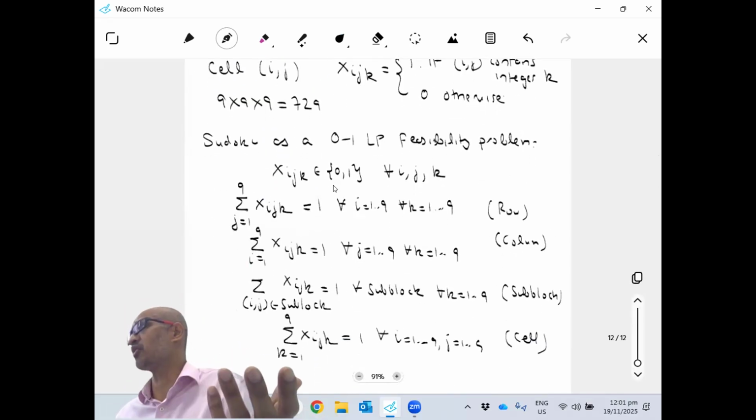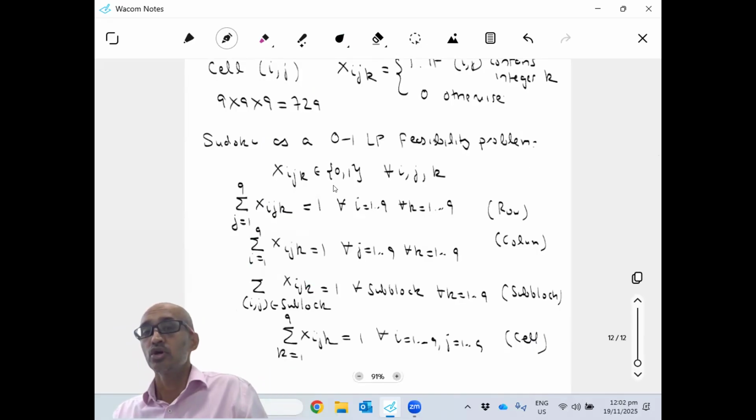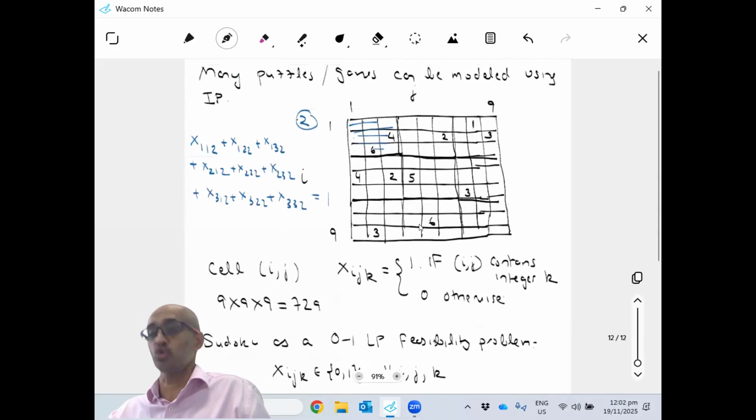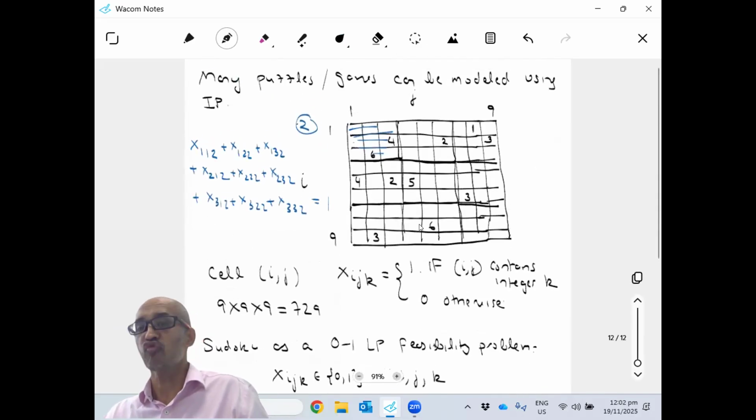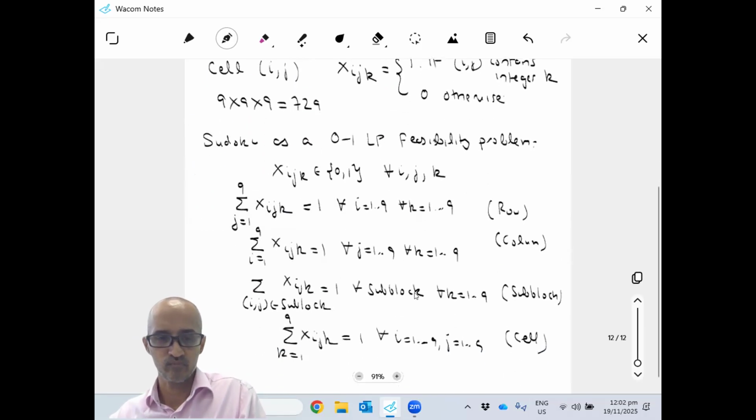And what is the last part of this Sudoku problem? What is the original puzzle given to you? The original puzzle forces some of these numbers fixed. So for example, in this Sudoku puzzle, x181 is equal to 1.